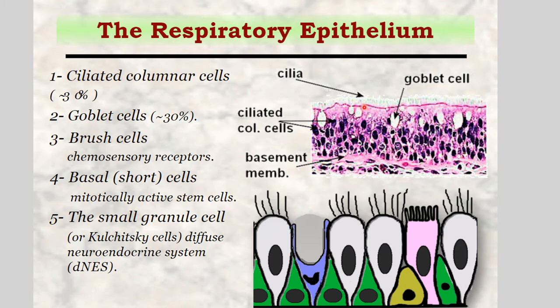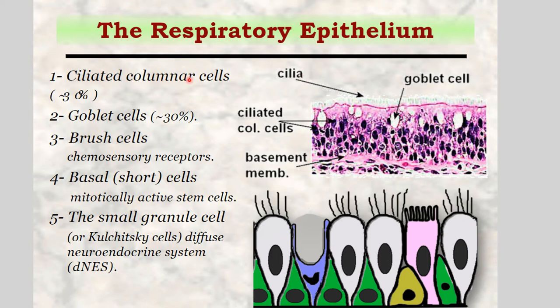This is the cilia. These are the ciliated columnar cells, which constitute about 30% of the total cell population, and their function is to sweep the mucus here and there. The particulate matter is entrapped, and through their sweeping action it is passed away.